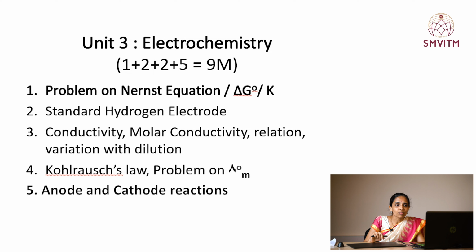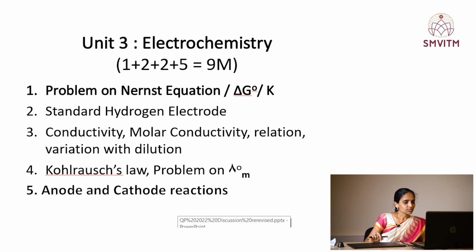Any problem from the chapter can be asked, but most of the times the problems are asked on these 3 concepts, that is Nernst equation, delta G naught, and the equilibrium constant K. So most of the problems are on these. And so let us see the formulae for these problems.